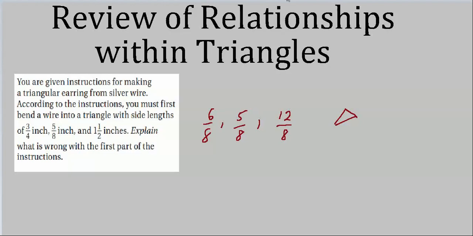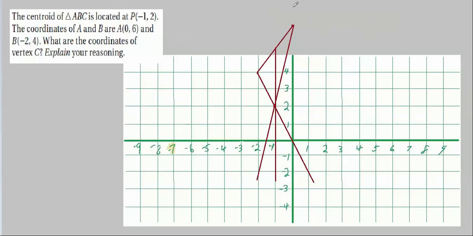Bummer. Yeah, here they're getting maybe a little bit tricky. What they're doing here is giving us one side of a triangle and the coordinates. So maybe I should write those in.